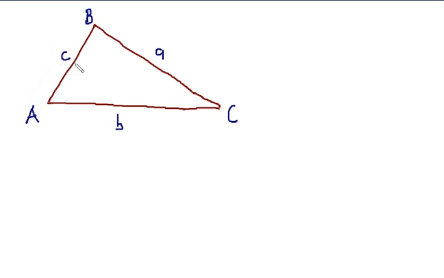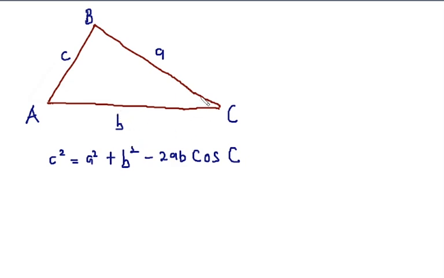So we can write out the cosine rule for each of these sides as c squared is equal to a squared plus b squared minus 2ab cos C, the cosine of the angle opposite to that side. We can do the same thing and write the cosine rule for a and for b.